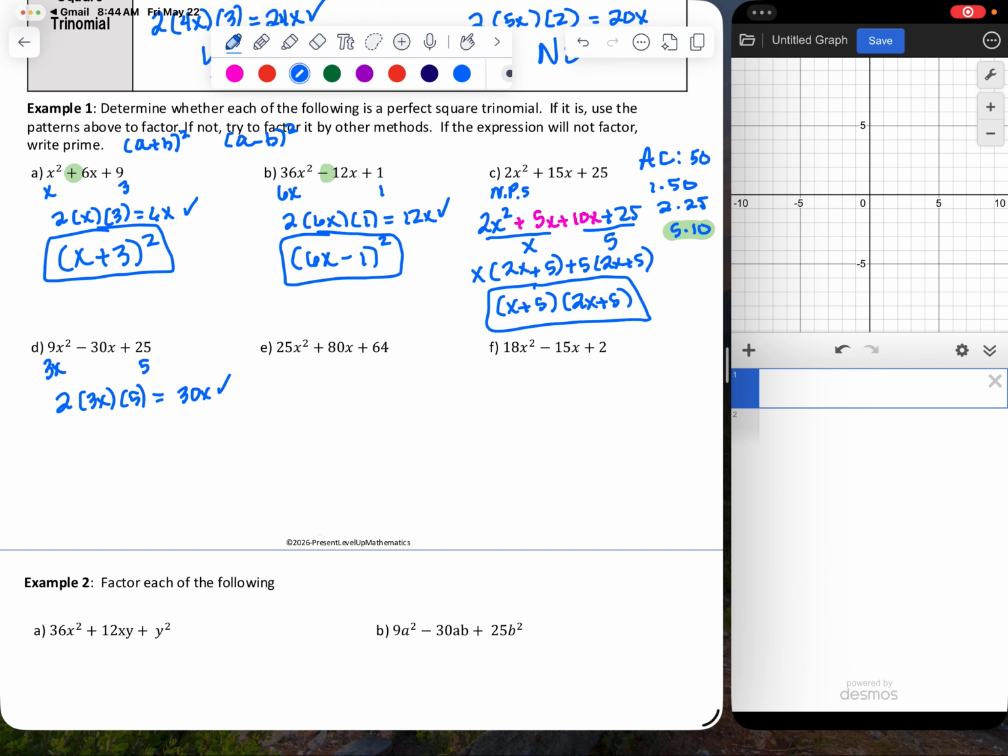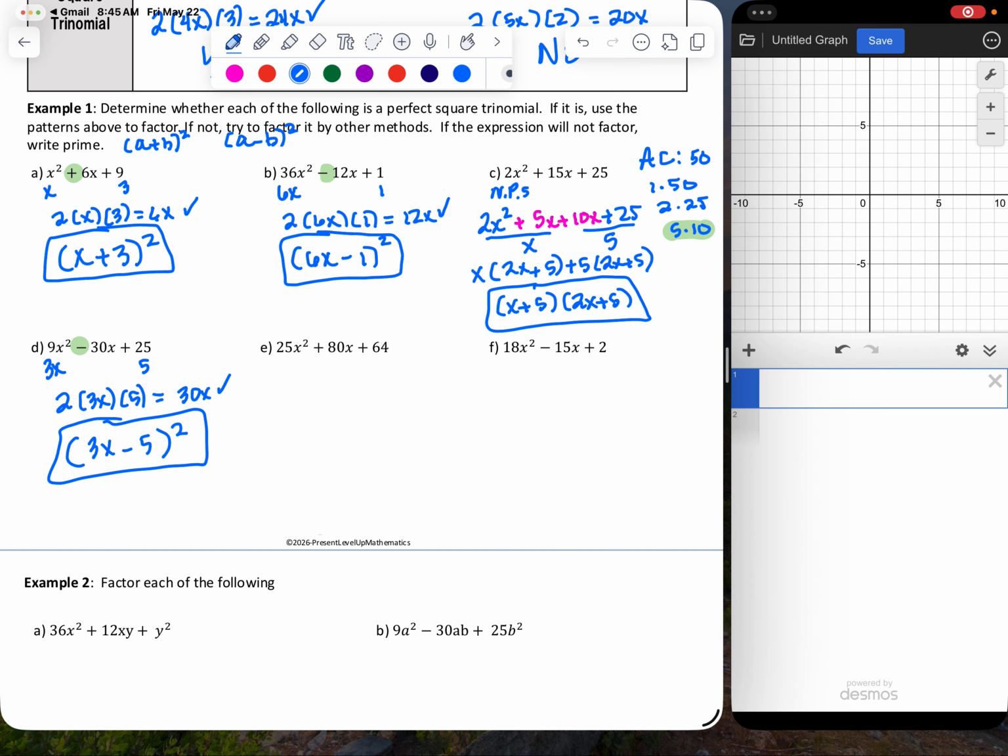So yes, this is a perfect square trinomial, which means I can use my pattern. Now, please notice that your first operation symbol is minus. So I want to take the first square root minus the second square root, quantity squared. So if you notice that your trinomial is a perfect square trinomial, it saves you so much time because you don't have to use the AC method or the guess and check.